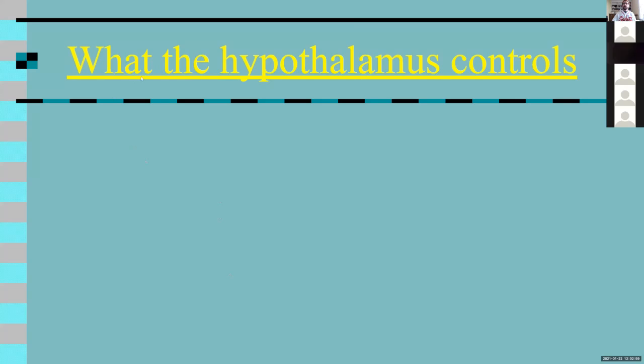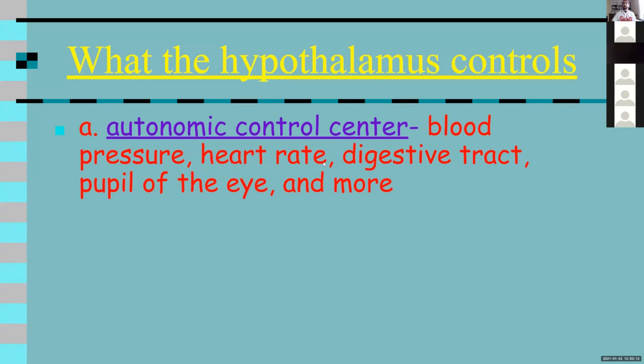So what the hypothalamus controls, please write that out and underline it. What are the functions of the hypothalamus and what does it control? Well, quite a bit, actually. First of which is blood pressure, heart rate, along with the medulla oblongata, and our digestive tract.